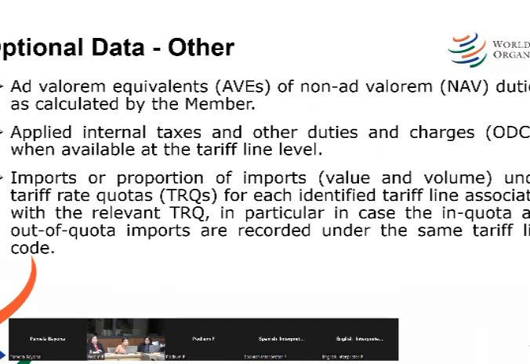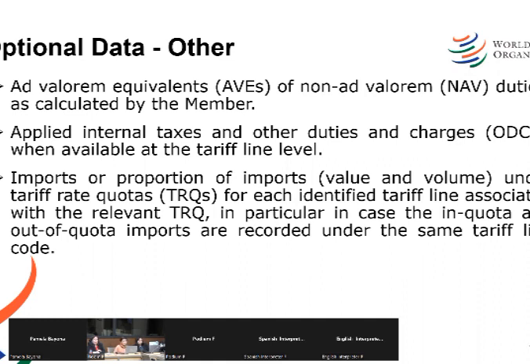Other optional data that we need, if possible, are the ad valorem equivalents of non-ad valorem duties as calculated by the member. For example, if your rate is $3 per kilogram, what is the ad valorem equivalent of that? And we need the ad valorem equivalents to calculate aggregate statistics, for example, average tariff.